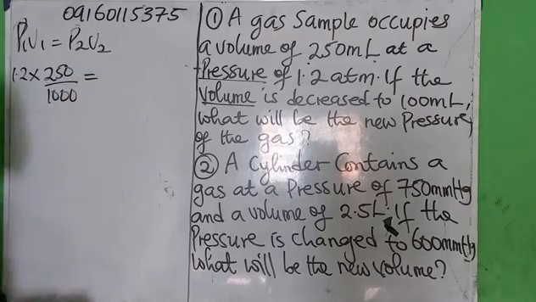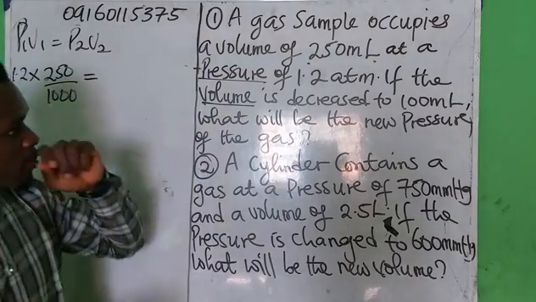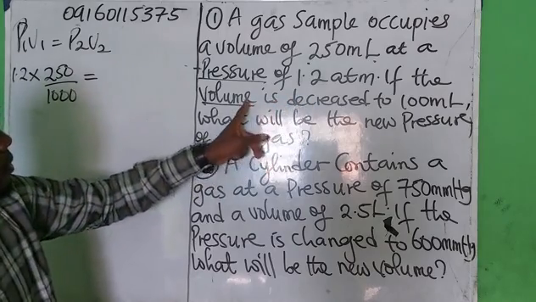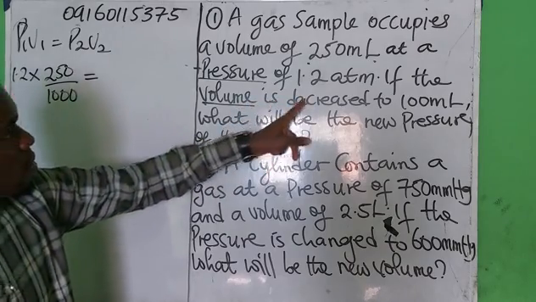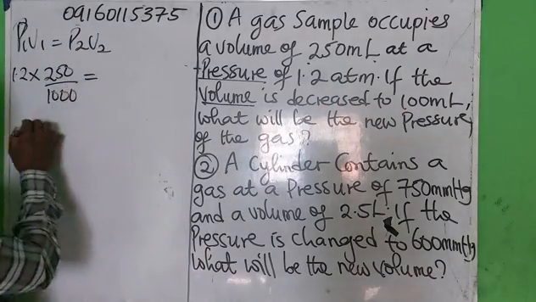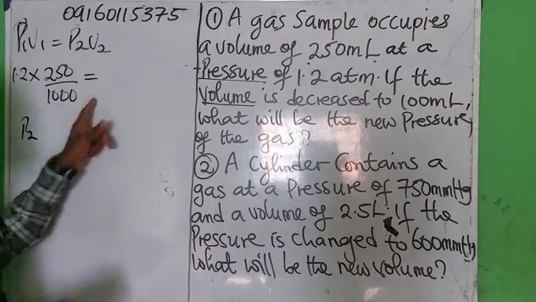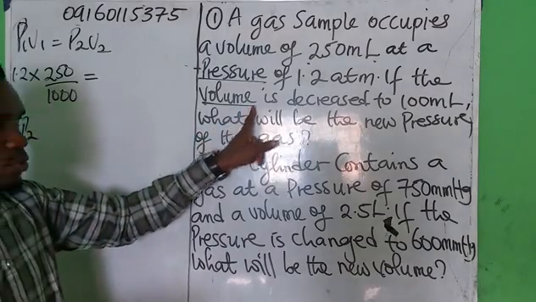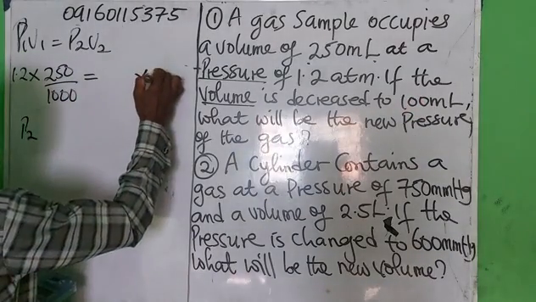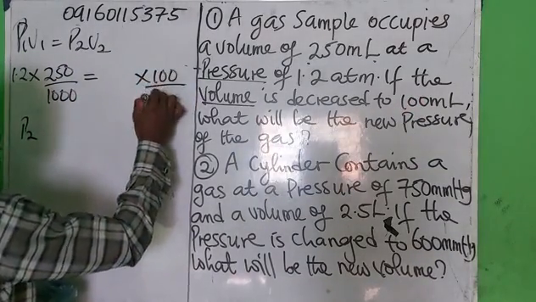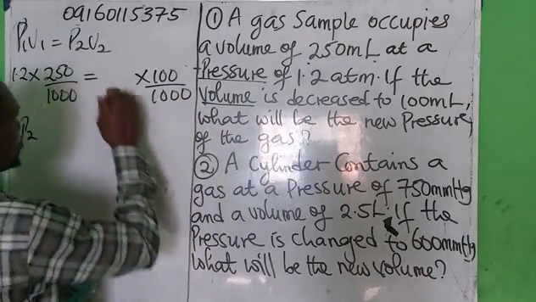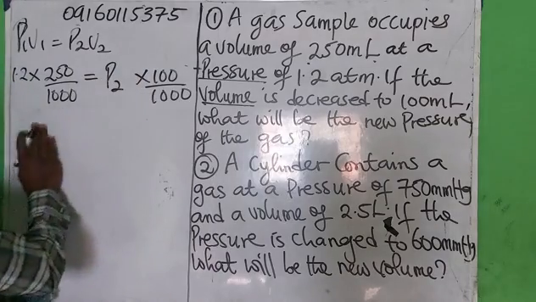Then if the volume is decreased to 100 milliliter, this becomes your V2, so it is 100 divided by 1000. What will be the new pressure? P2 wasn't given, so that is what we are solving for.